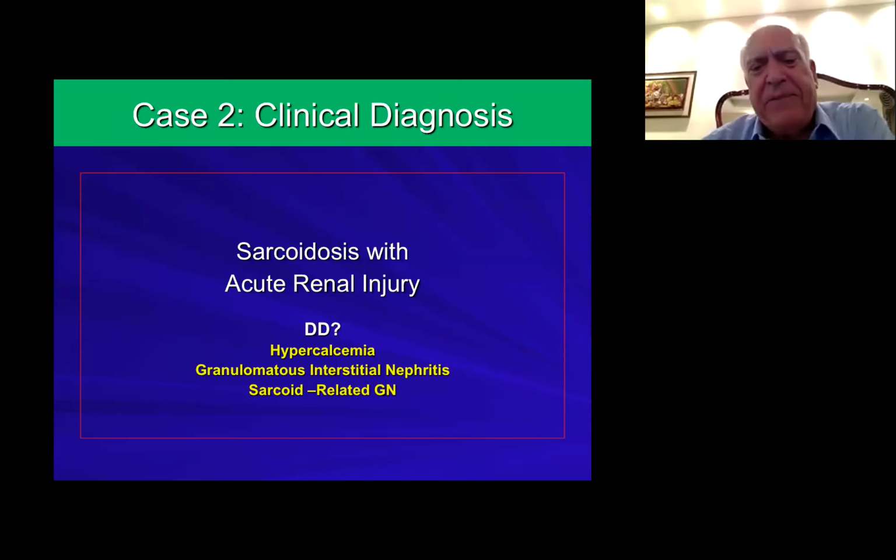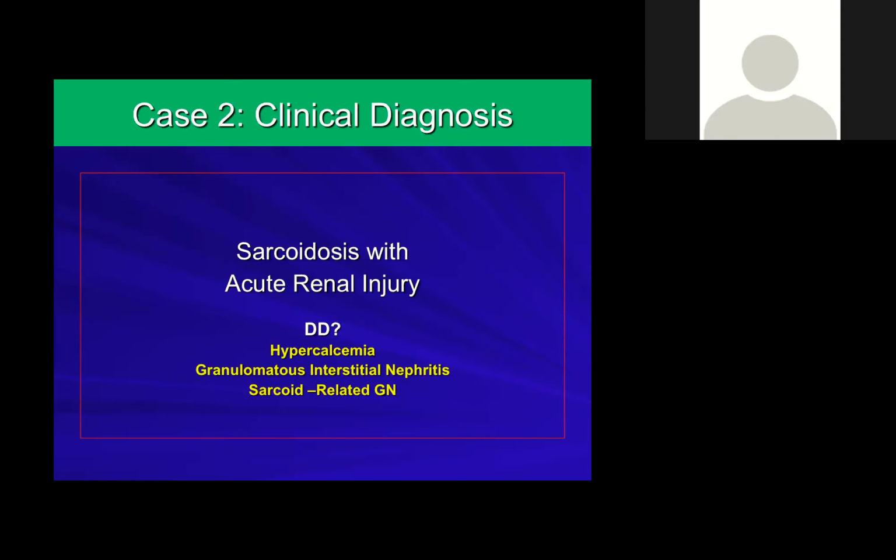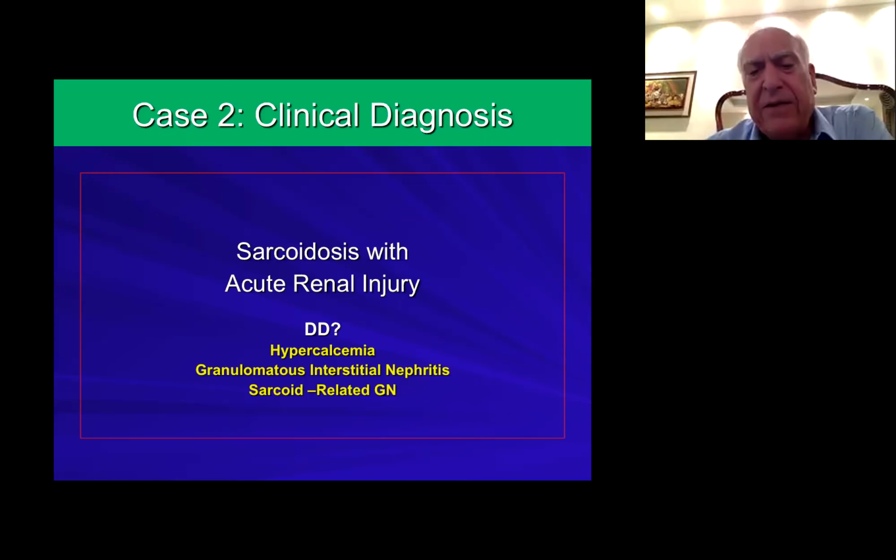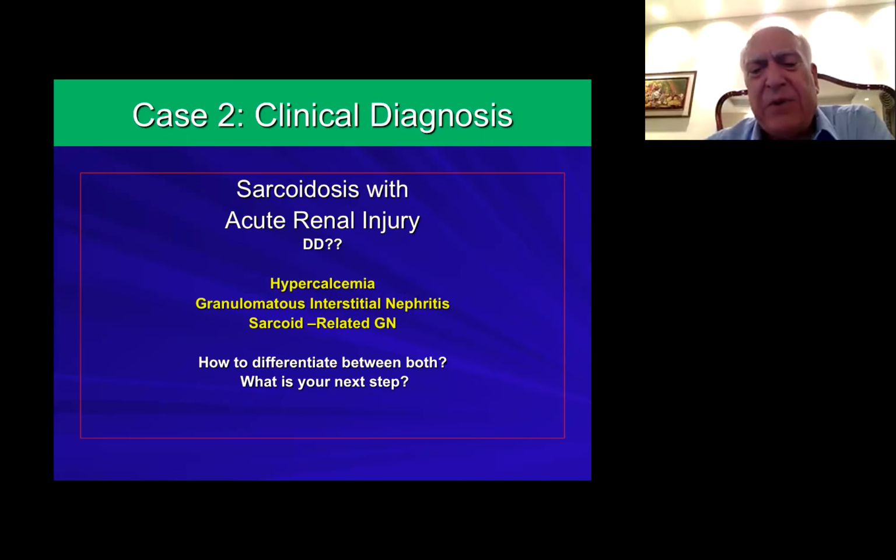Okay, so we have hypercalcemia, and we have granulomatous interstitial nephritis, and we have sarcoid-related GN. Yes, there are categories of sarcoid-related GN. Now, how do we differentiate between sarcoid-related GN and granulomatous interstitial nephritis, and possibly hypercalcemia also?